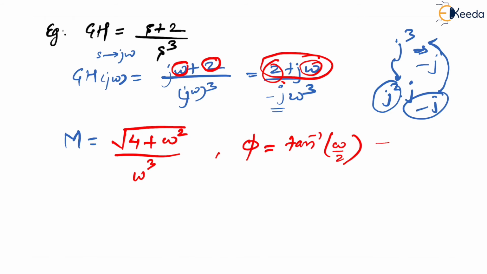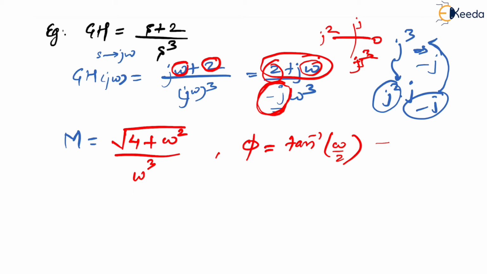Now minus what? You have got this minus j. What does this minus j indicate? For example, if you consider this one as j, then this is j squared and this becomes j cube, right?